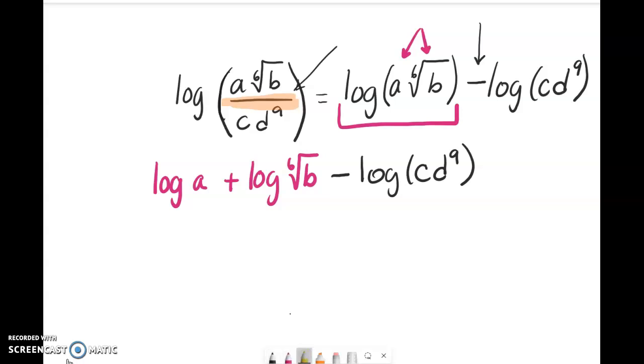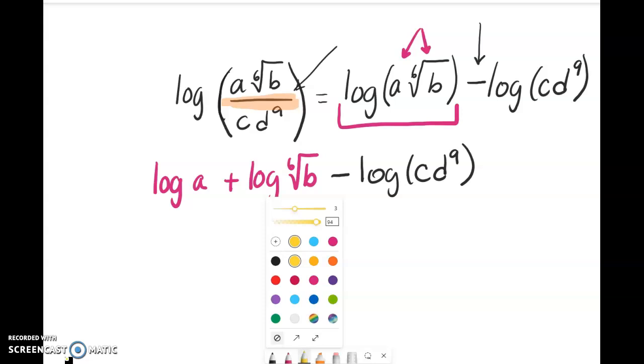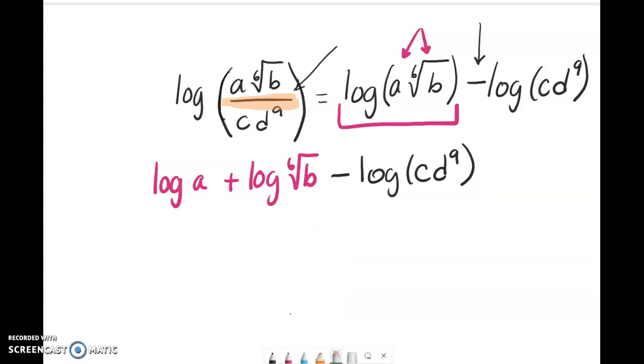So this is c times d to the ninth. Before I focus on rewriting this part, let's finish expanding this fully. This one is expanded fully. It's just the log of a.